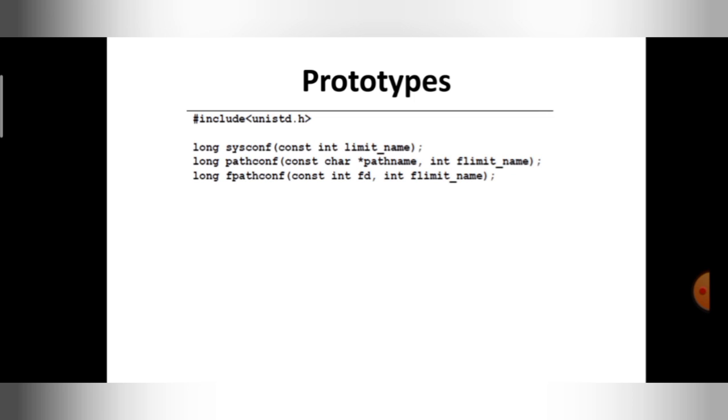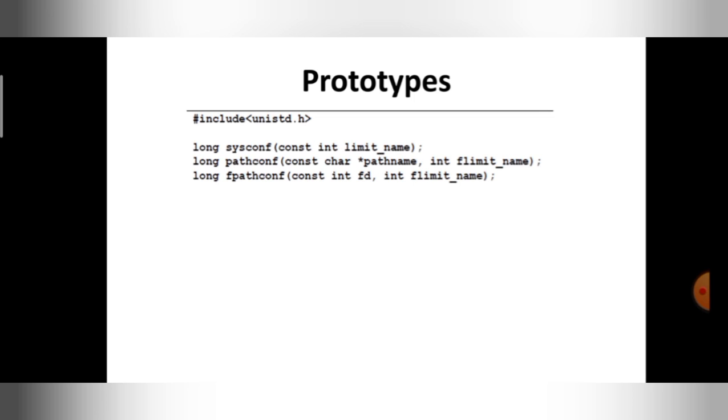So how do we identify the limit values that are supported in my system? By using these functions: sysconf, pathconf, fpathconf. All these functions are defined in the unistd.h header.